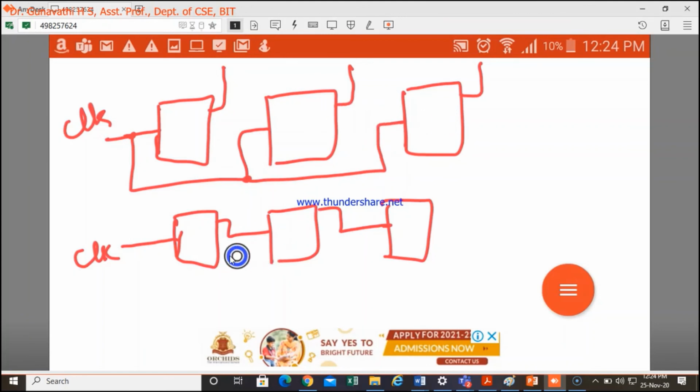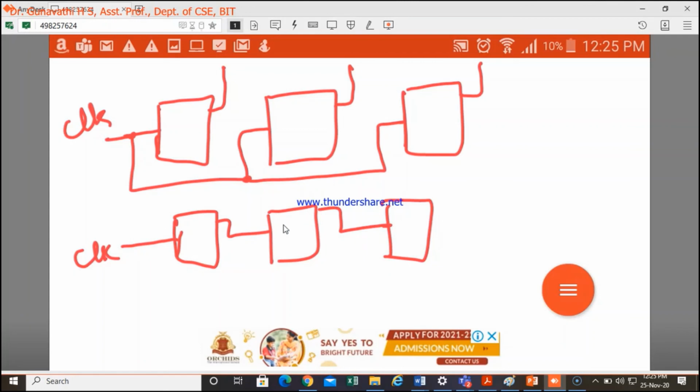But in the asynchronous one, the delay of the circuit will be the delay of one flip-flop times the number of flip-flops. Here it is the delay of 1 into 3, because there are 3 flip-flops, so the delay is additive. You keep adding the delay of every flip-flop together in order to find the delay of the entire circuit.